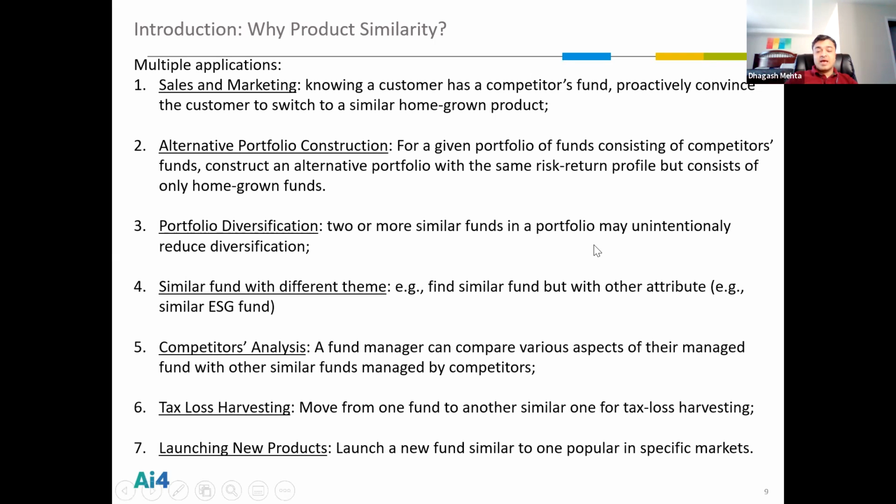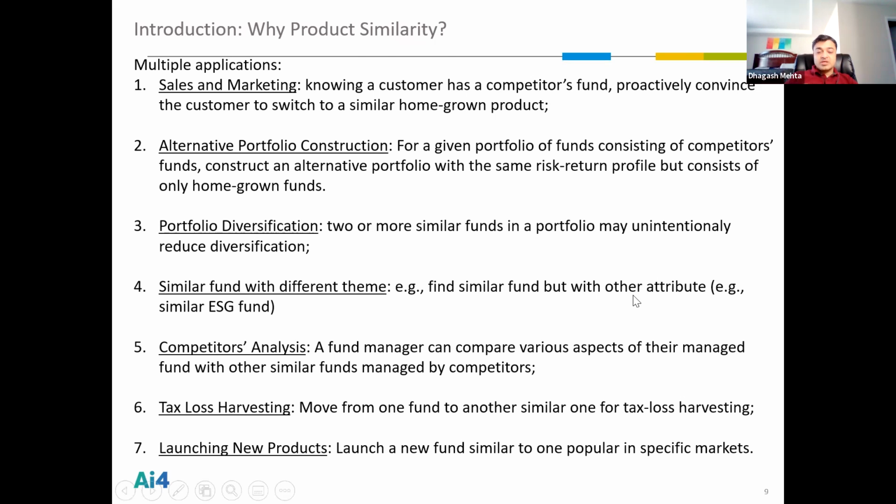If you have multiple mutual funds which are very similar to each other in the same portfolio, it might be unintentional, but it means that you do not have as much diversification as you think you have. So you can run this similarity tool, come up with better funds to replace the existing ones, and have better diversification.